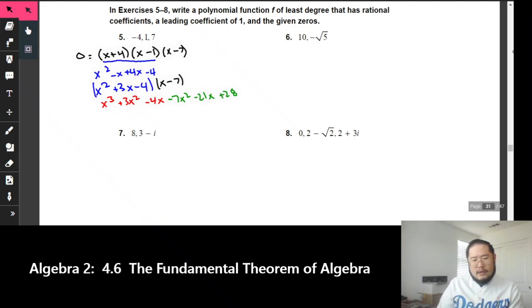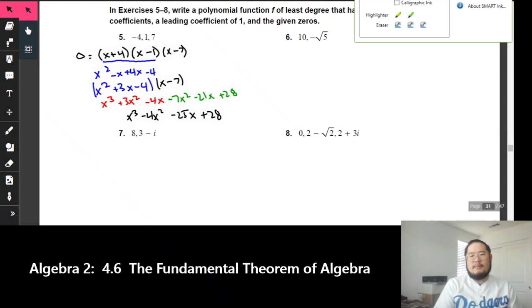And so the last step right here is to combine like terms. And I have now x to the third minus 4x squared minus 25x plus 28. All right, so x to the third minus 4x squared minus 25x plus 28 is your simplified answer. And there you go.